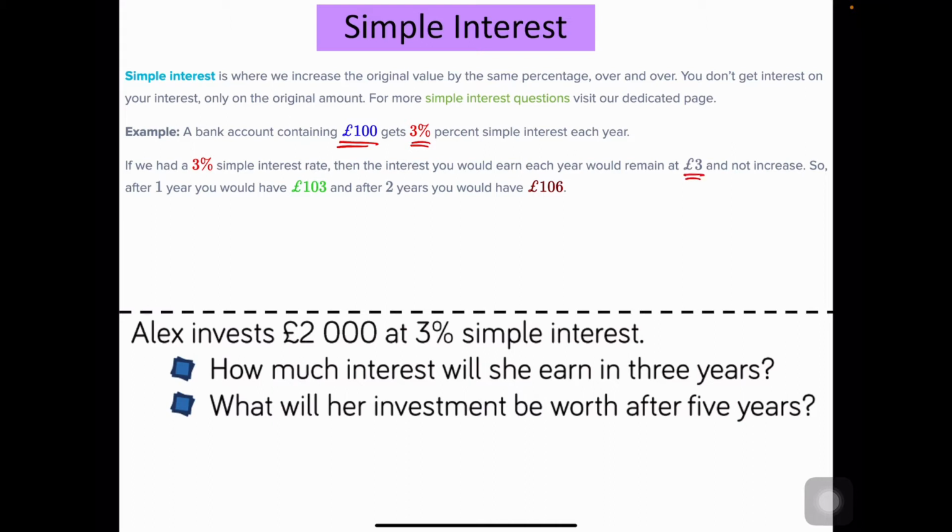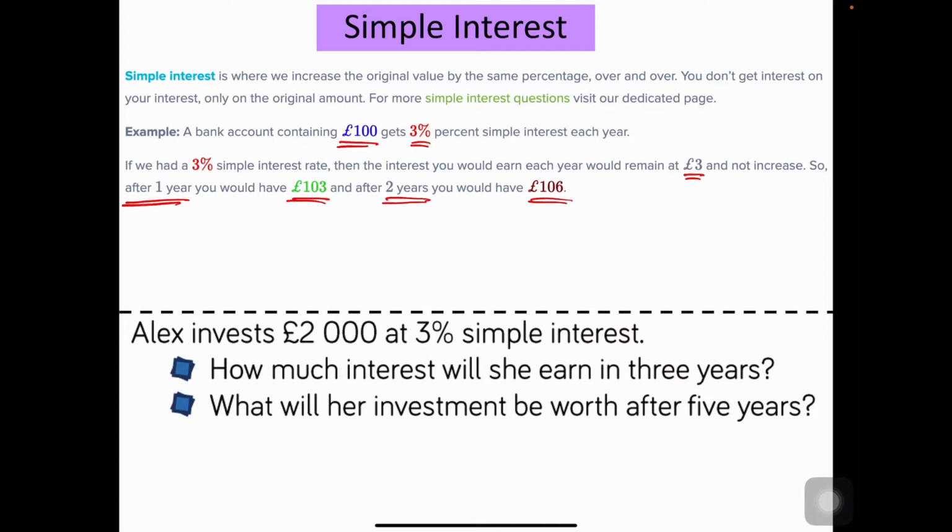Every single year, £3 will be added to your total amount. After 1 year, you would have £103. After 2 years, £106. The next year, 109. Then 112, 115. Each year, you would add on 3% of 100.